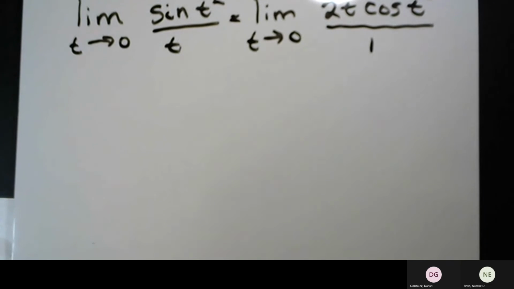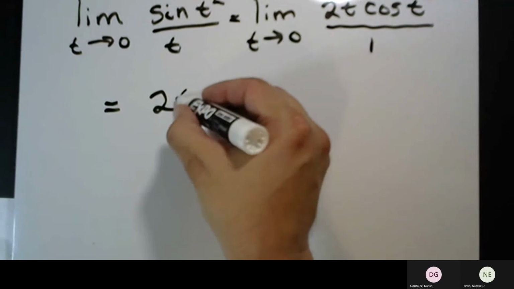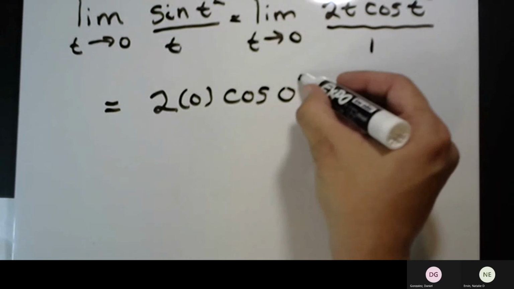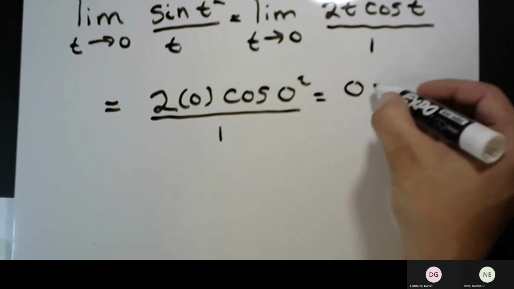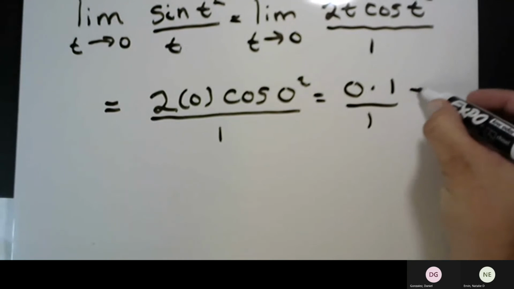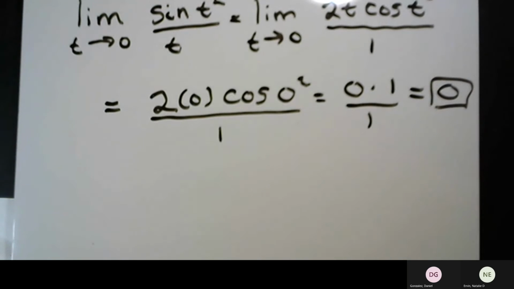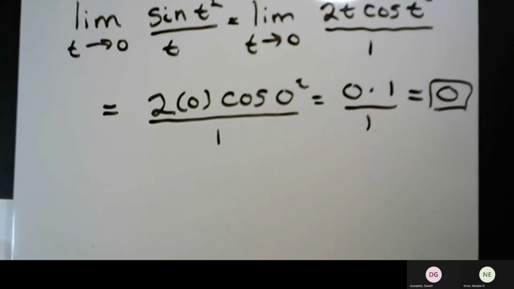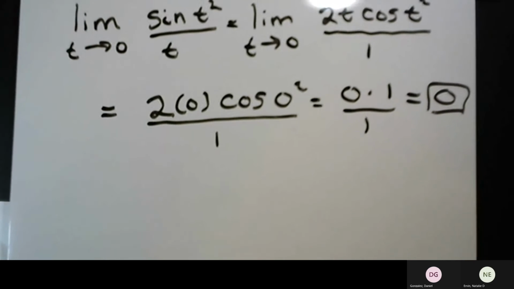Now we can do that substitution. We'll get 2 times 0 times the cosine of 0 squared over 1. This will be 0. Cosine of 0 squared is going to be 1. And this just turns out to be 0. So any questions about that?